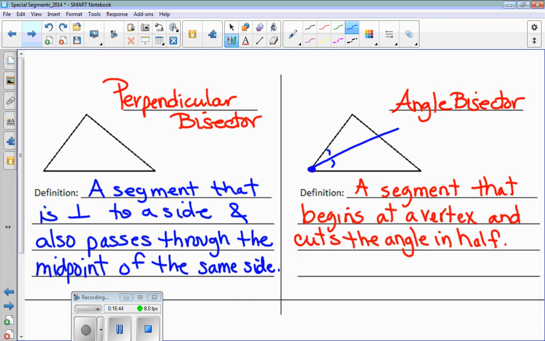So a perpendicular bisector is a segment that is perpendicular to a side of a triangle and also passes through the midpoint of that same side. So if I was going to draw it here, perpendicular bisector. It does not necessarily go to the vertex, but it can, right? It can, but it doesn't have to.